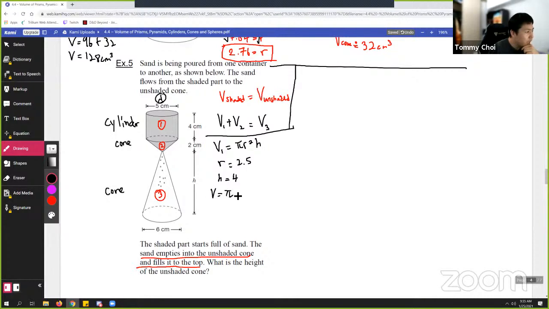Volume is equal to pi times r squared, 2.5 squared times h, which is 4. We can then solve that out. 2.5 times 2.5 times 4 is 25, so 25 pi. Multiplying that out, 25 times 3.14 gives me 78.5.